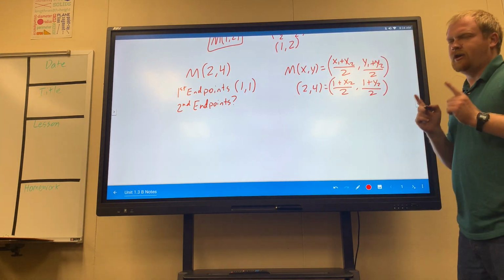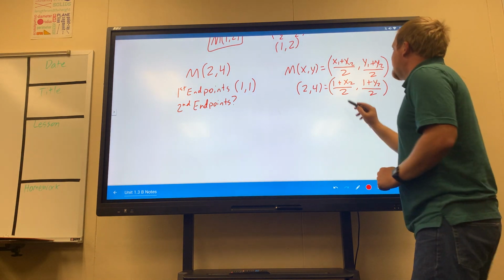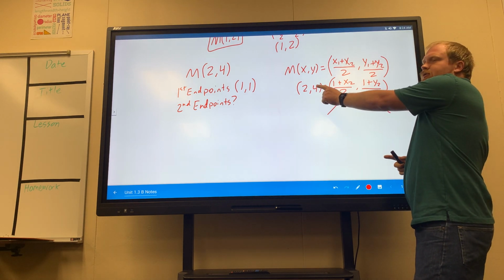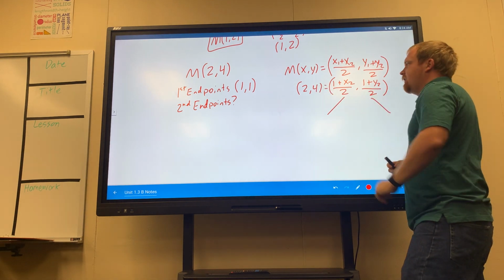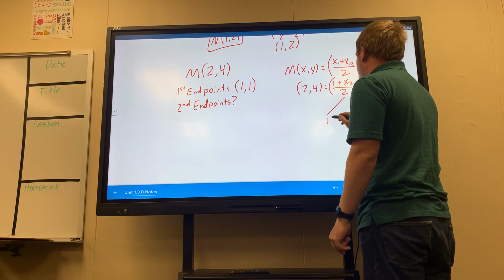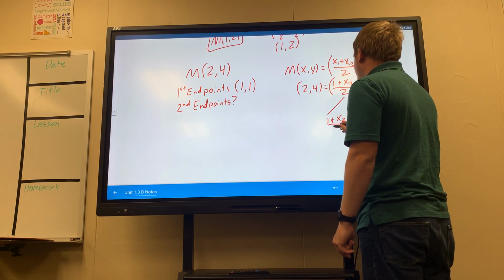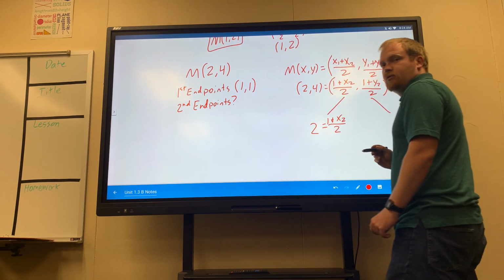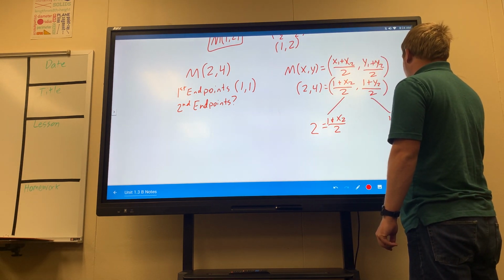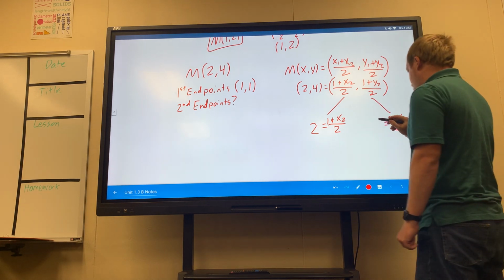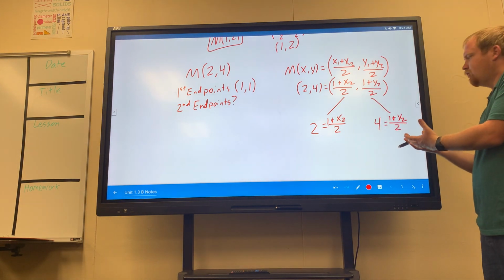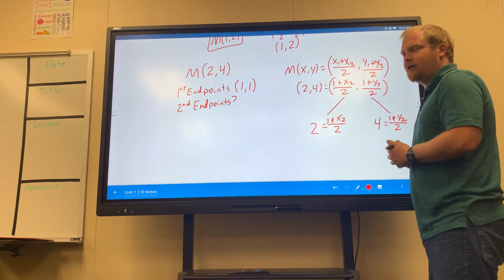Now, here's the one thing I can do. I can split these two up and set them equal to the x and to the y. So for example, 1 plus x2 over 2, the x value for this happens to be 2. And the y value is 4. So now all I gotta do is a little bit of algebra and solve.